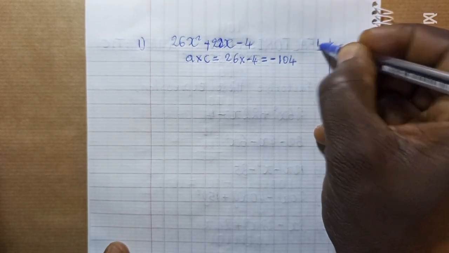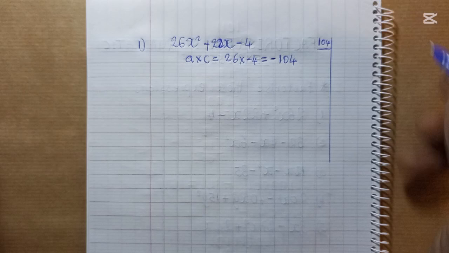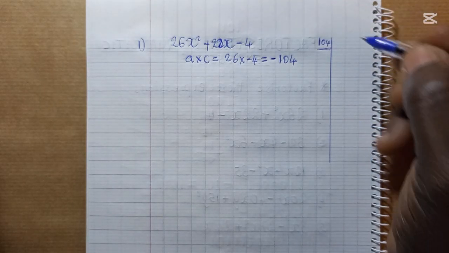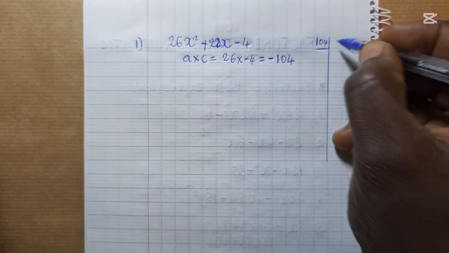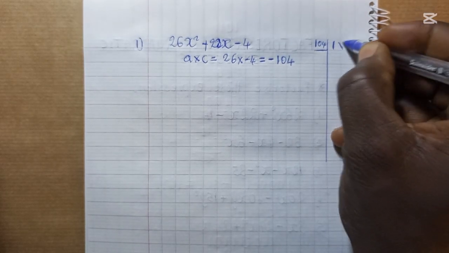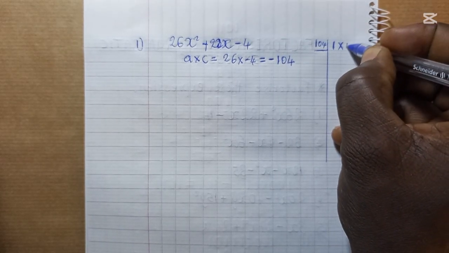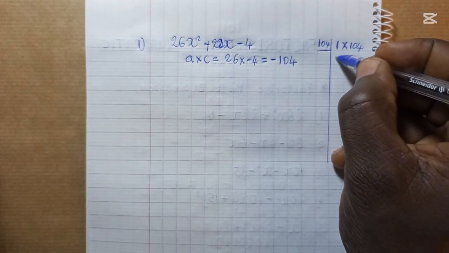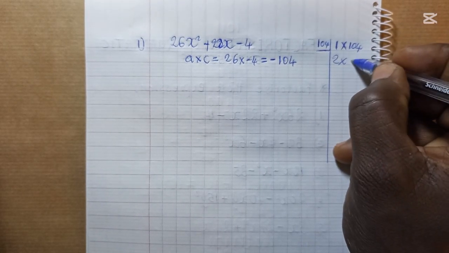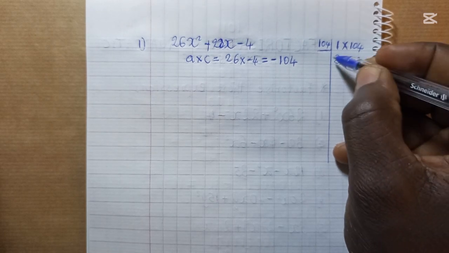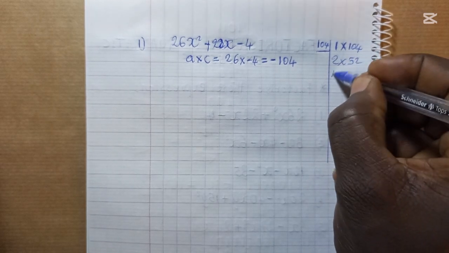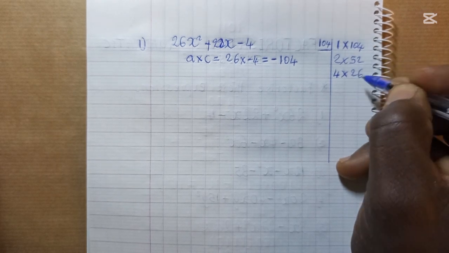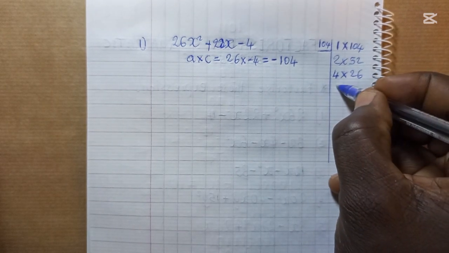104. What and what can we multiply together to give you 104? The various numbers are: 1 times 104 gives us 104. 2 times 52 gives us 104. 4 times 26 gives us 104.